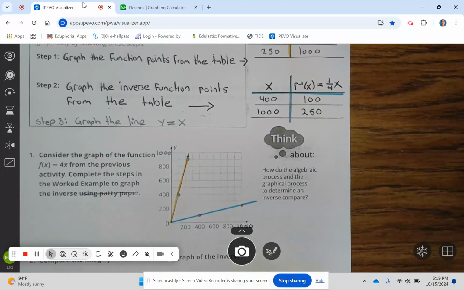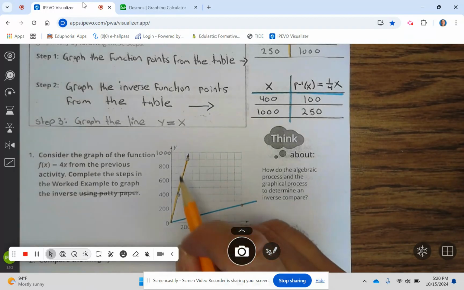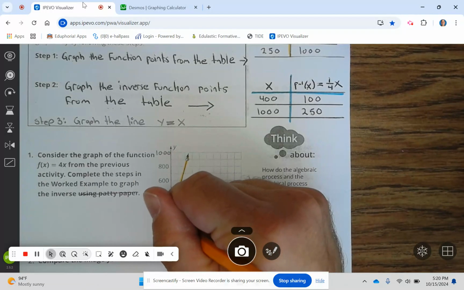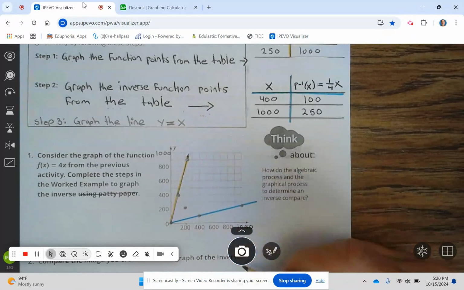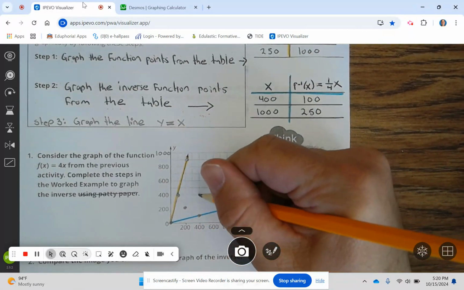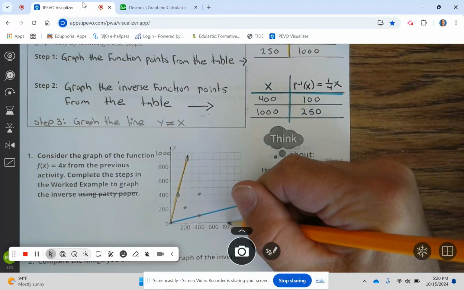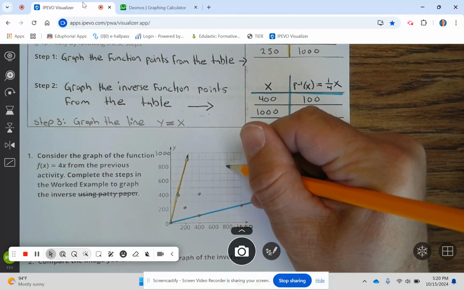Okay. Last step, graph the line y equals x. So if x is 0, y is 0, so (0, 0). If x is 200, y is 200. If x is 400, y is 400. If x is 800, y is 800.